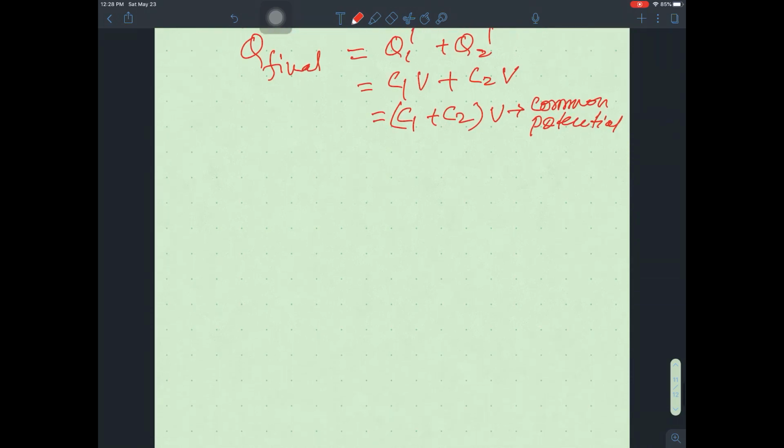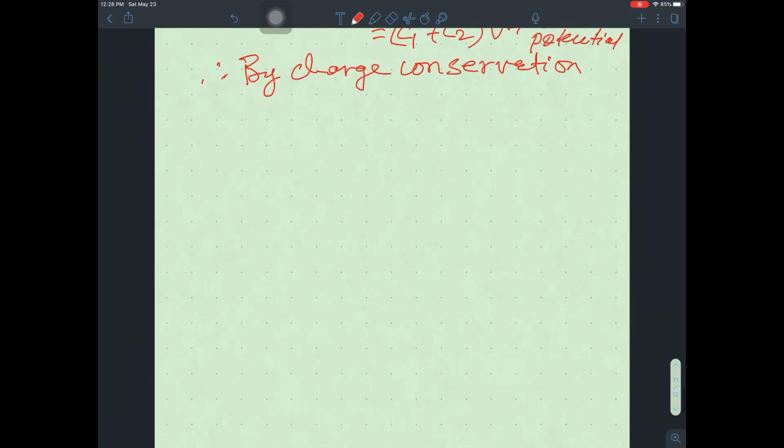By charge conservation, we can say Q initial must be equal to Q final.